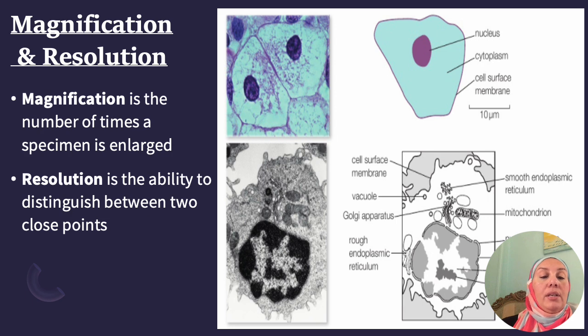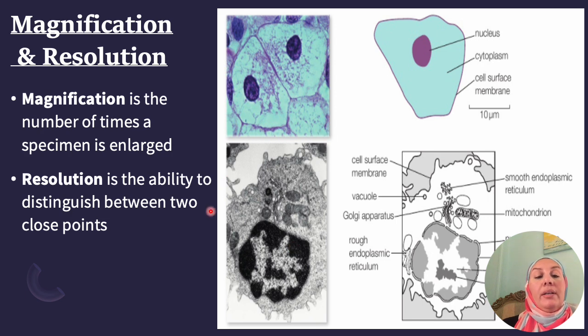Underneath, in the other cell that is white and black, we can see that we have more structures visible. So here we can find a sausage-shaped object, and this is the mitochondrion. Near it, a group of stacked membranes, which we will learn is called the Golgi apparatus. And over here, this is the nucleus, and in the middle is the nucleolus. So here we can see many different objects and structures inside the cell, not only the cell membrane, cytoplasm, and nucleus.